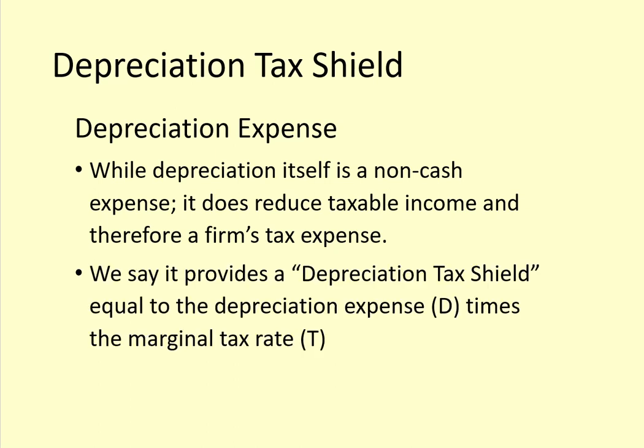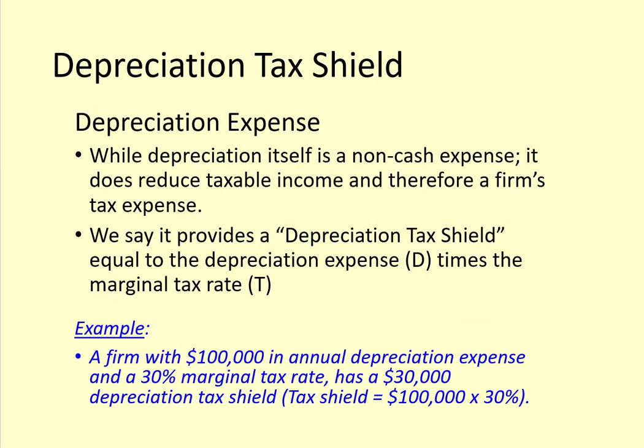We say that the asset or depreciation expense provides a depreciation tax shield, and that tax shield is equal to our depreciation expense multiplied by the marginal tax rate. For example, a firm with $100,000 in annual depreciation expense and a 30% marginal tax rate has a $30,000 per year depreciation tax shield. That depreciation expense of $100,000 a year will reduce our taxable income by $100,000 and save us $30,000 in taxes.